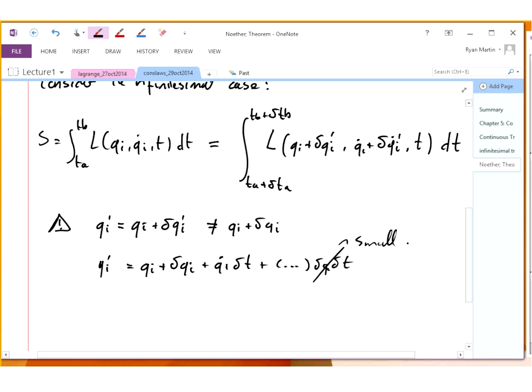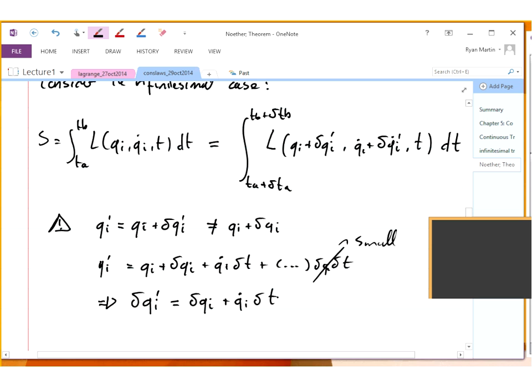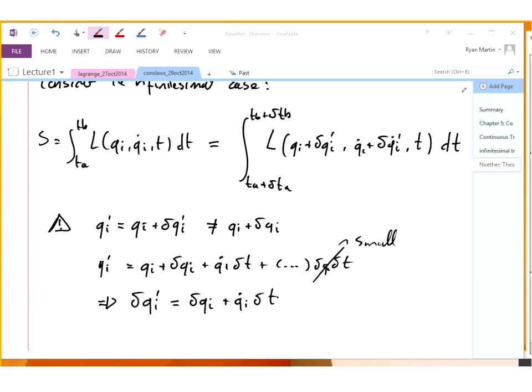But those terms are really small. And so that means that this delta QI primed is actually equal to delta QI plus QI dot delta T. And that's a good stopping point. Is it? Let me just box this.